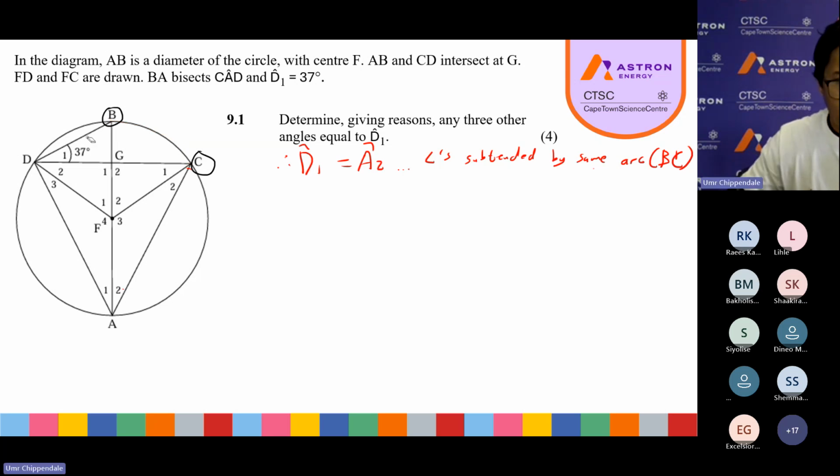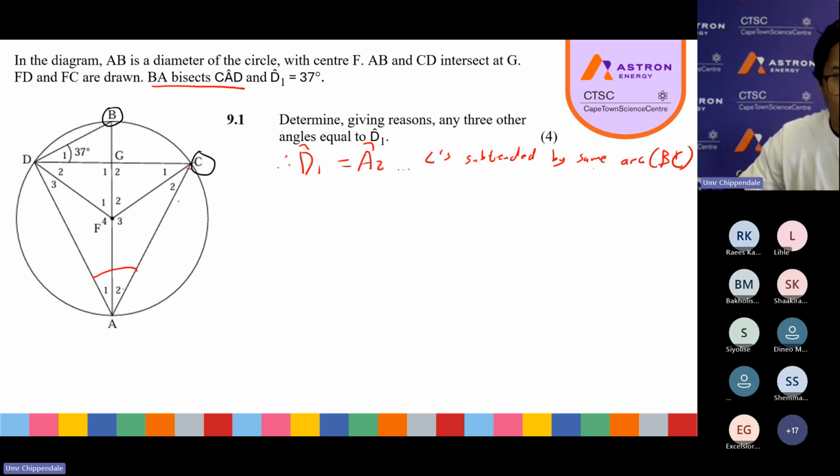There was another important piece of information that they gave us at the start, and that was here. BA bisects CAD. So where's CAD? It is this angle over here, this entire section. I told you at the start that bisect means it cuts the angle equally.